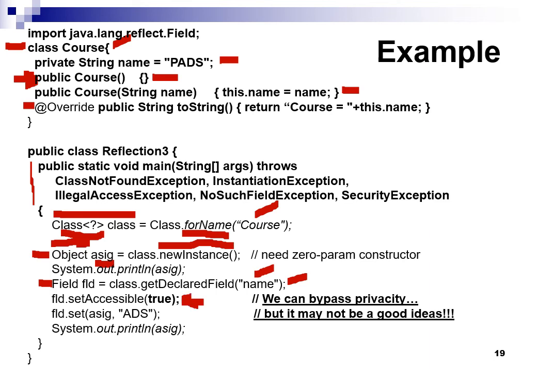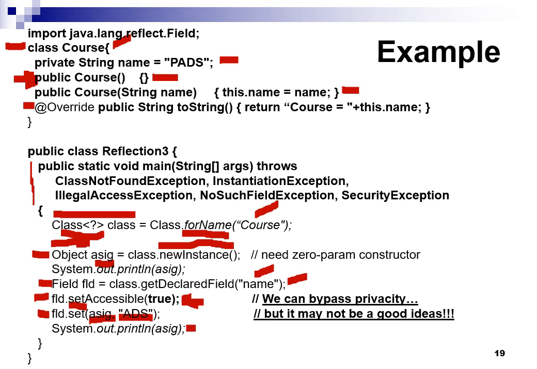This is going to be public when I access it through reflection. If I access it normally, then it's still private. But setting setAccessible to true allows me to change the value of the field with set. So remember, fld is the field object, and then I can say, okay, change this attribute of asig, which is the object, and set it to ABS.